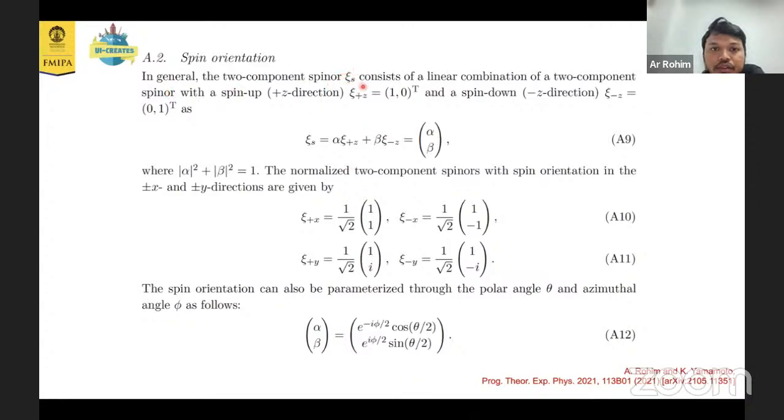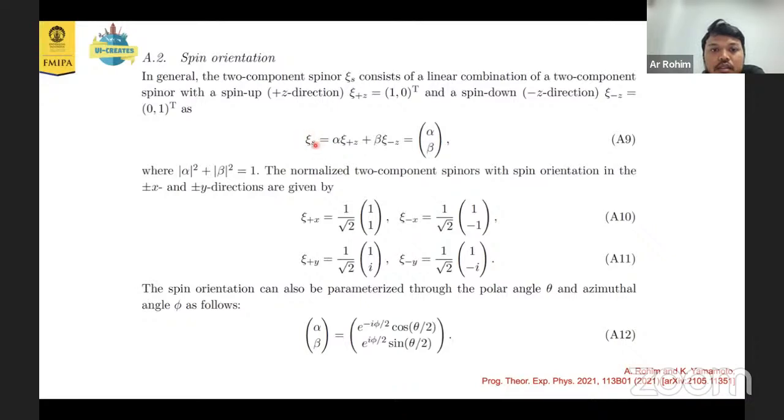So in general, the two component spinor consists of the linear combination alpha chi plus z and beta chi minus z. Alpha multiplied by 1 is alpha, and alpha multiplied by 0 is 0, so this term contributes alpha, 0, and this term contributes 0, beta. If we take the summation of the first and second terms, we will have alpha, beta. Okay.